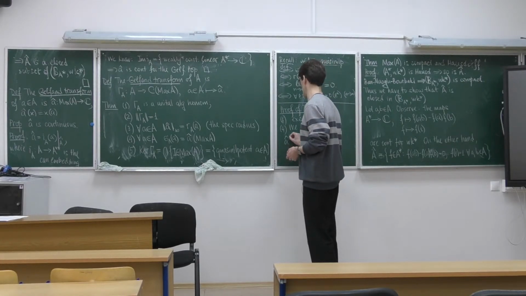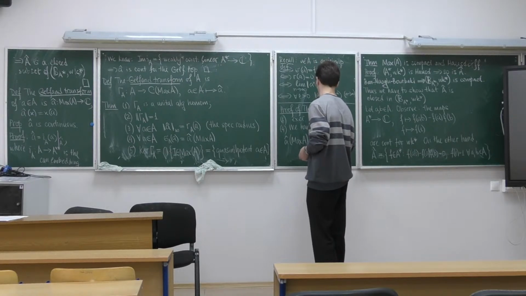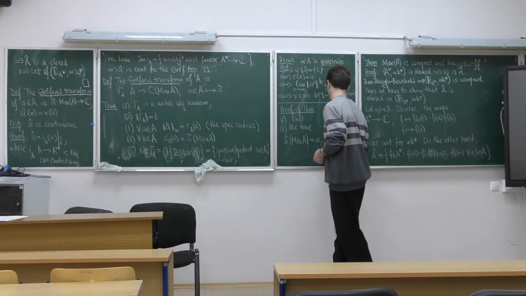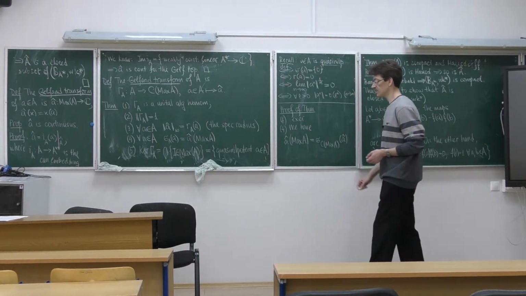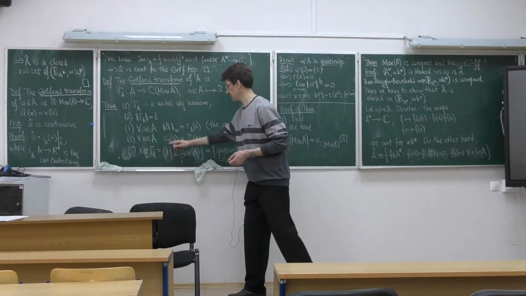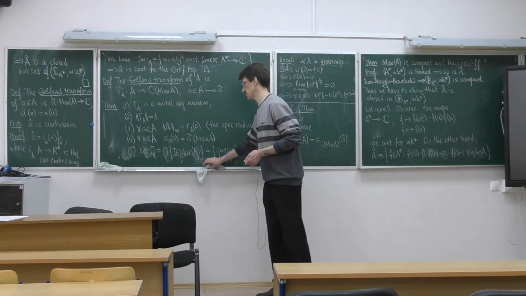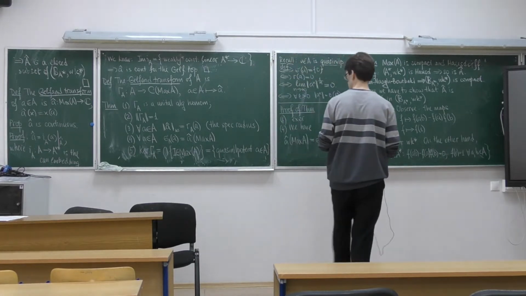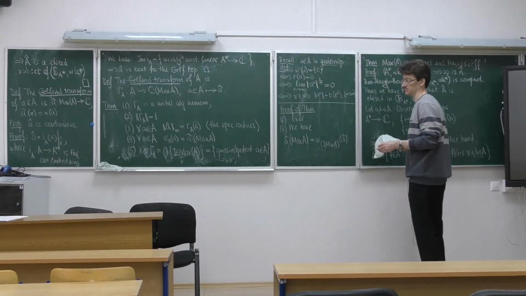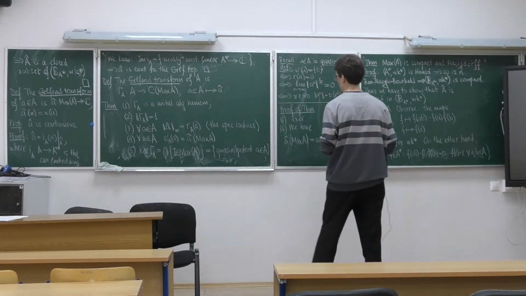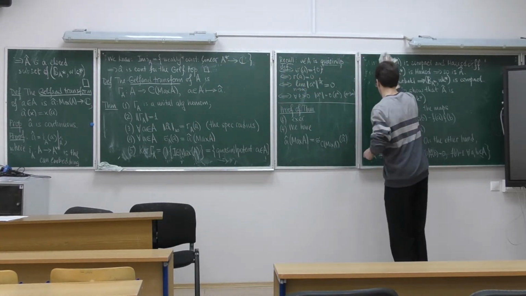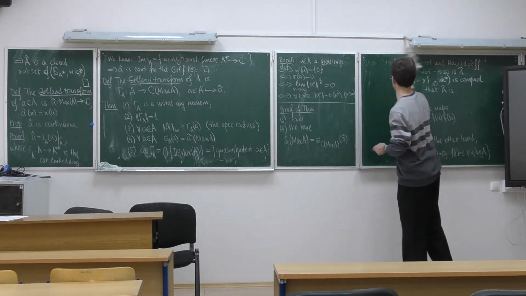So this equality means that the Gelfand transform preserves the spectrum. We already know that it's a unital homomorphism, and property 4 means precisely that this homomorphism is spectrum preserving.